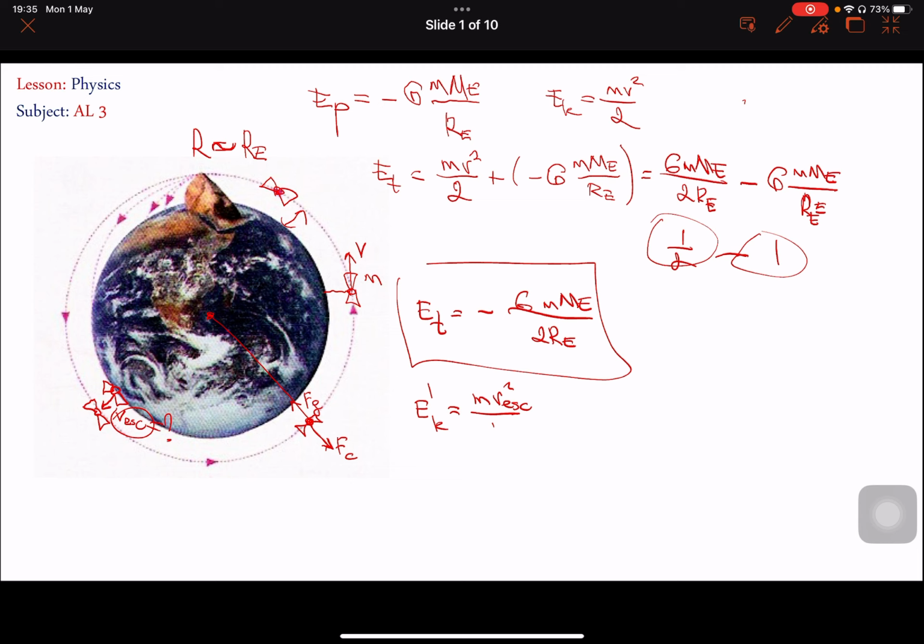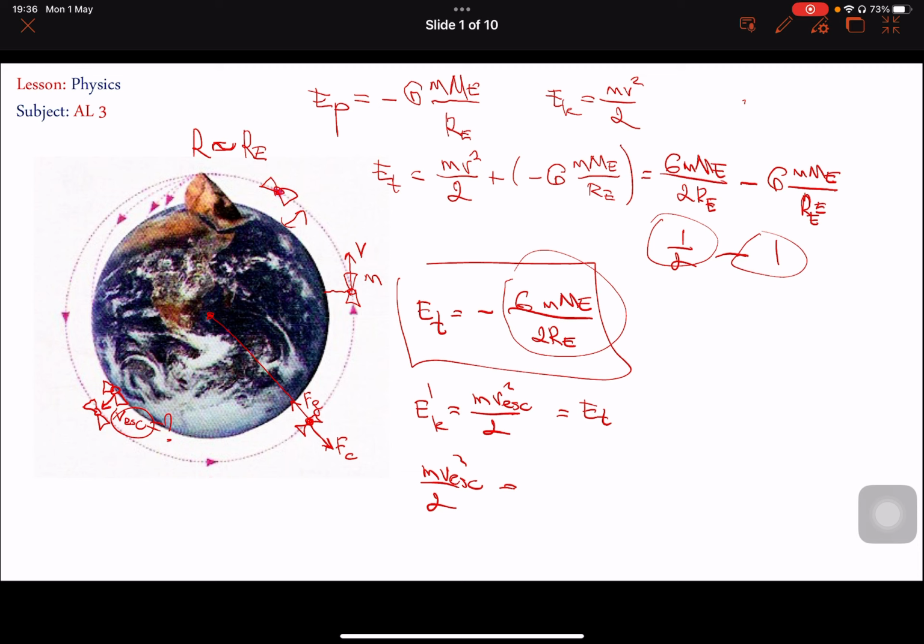It should be equal to the total energy that my satellite will have on the certain orbit. So you see here, my m v escape square over 2 will be equal to the mean that's given as the total energy.